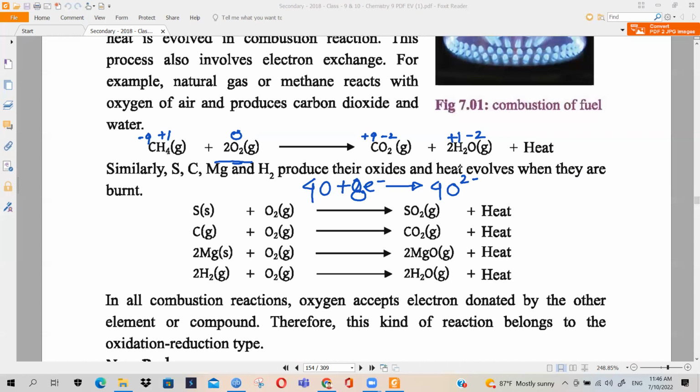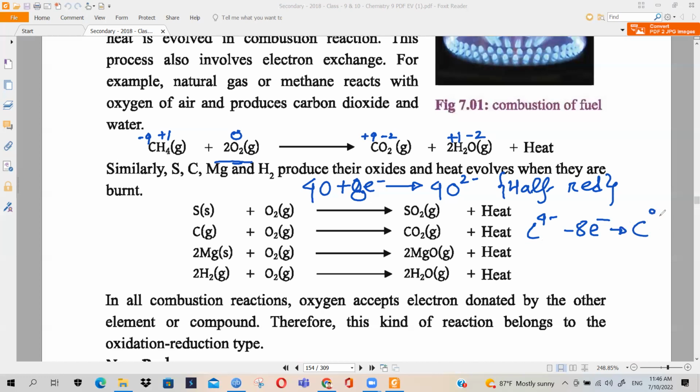First of all, write down the half oxidation reaction, and then balance it. This is not oxidation, however, this is the half reduction. And then carbon would donate 8 electrons, so carbon 4 minus becomes carbon 4 plus.